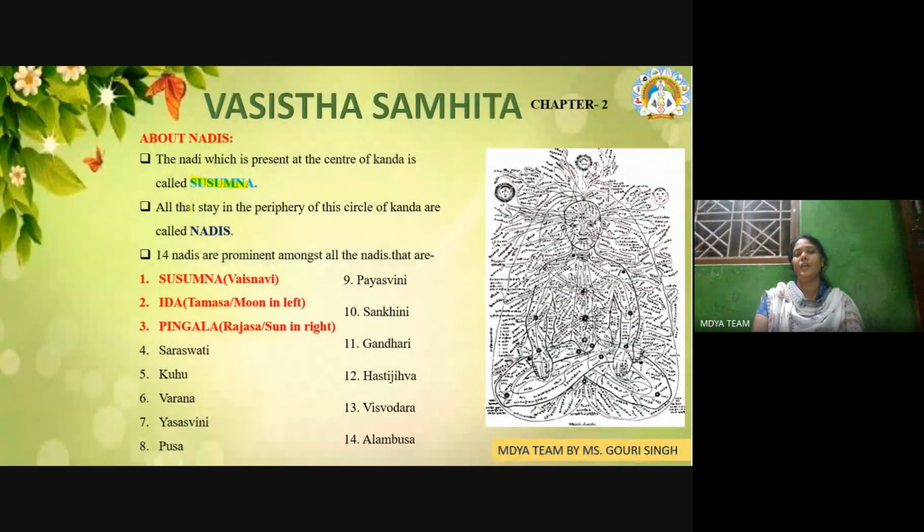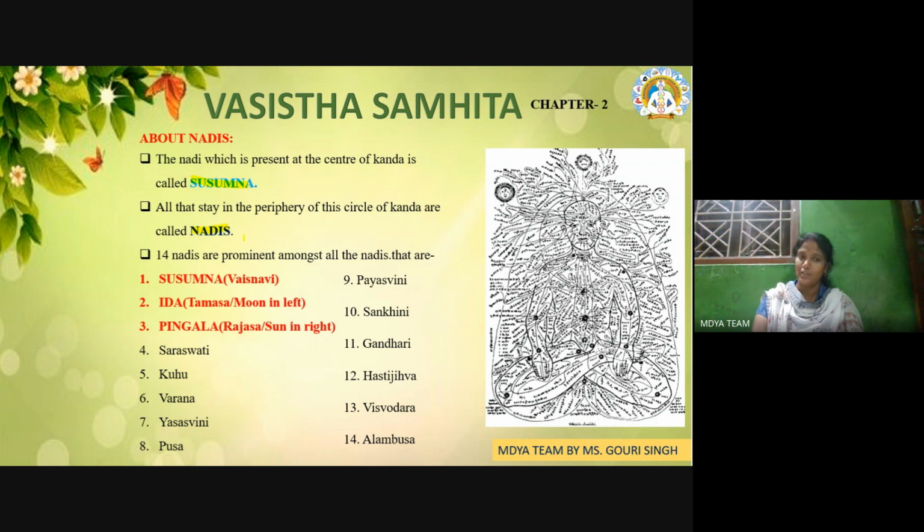And in the periphery of the circle of the kanda, the near area of the kanda, all are called nadis.